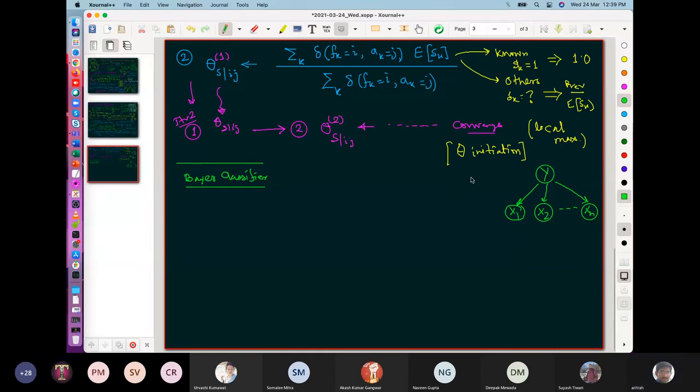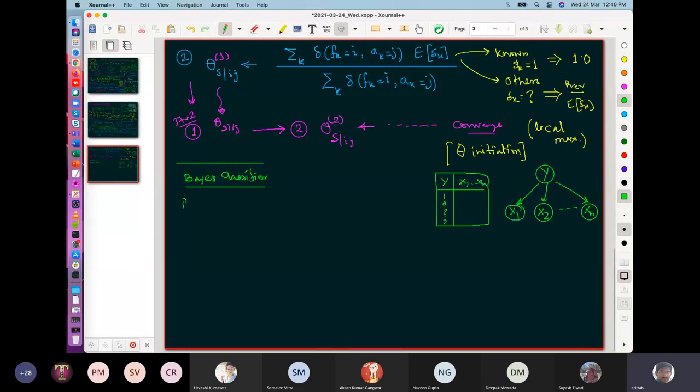Yes, sir. Now in the Bayesian net, for example, I have some y's with respect to x1 to xn. And let's say some y's are known and some y's are unknown. So you can apply the same algorithm there.